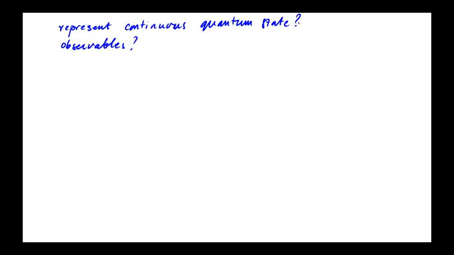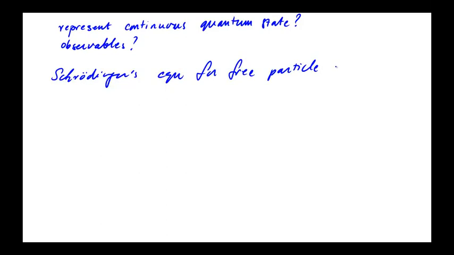And then the other thing you should know by the end of this is what Schrödinger's equation looks like for a free particle on a line, in one dimension, in 1D.